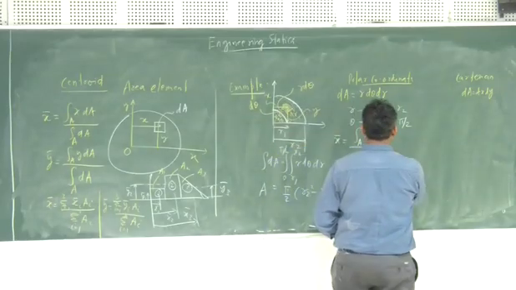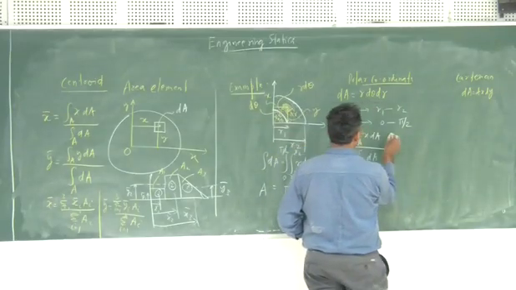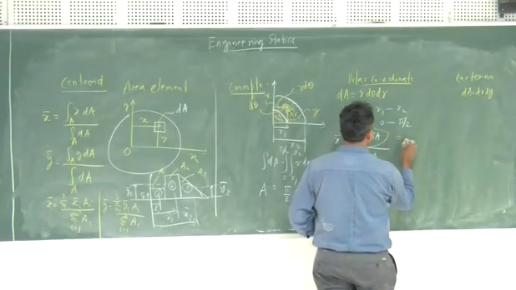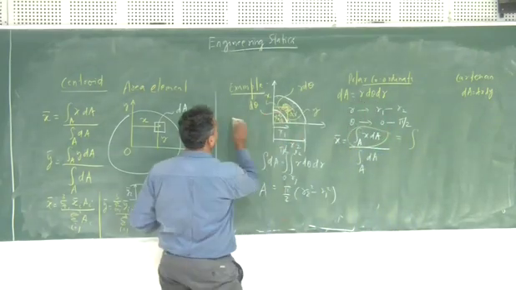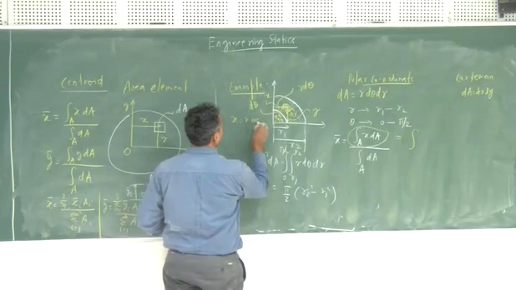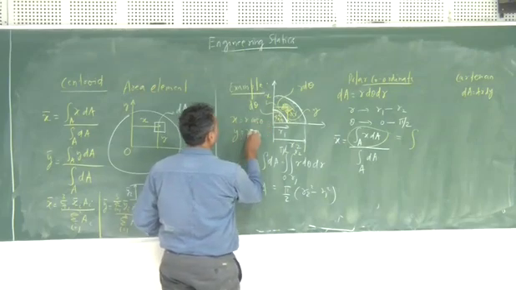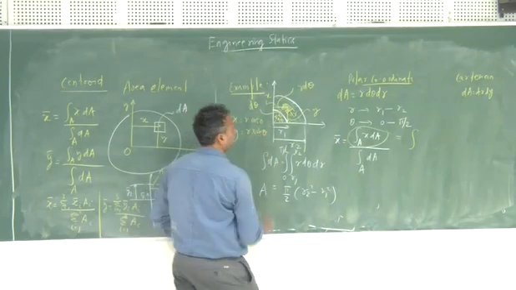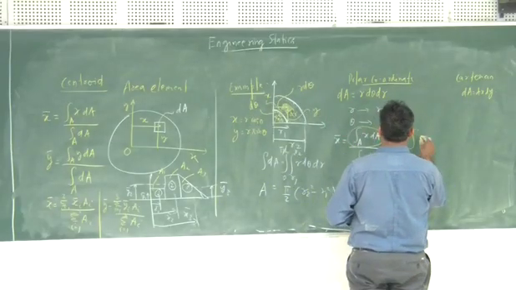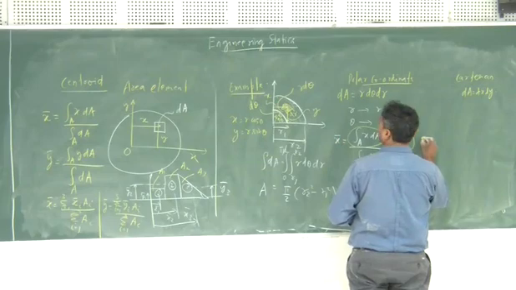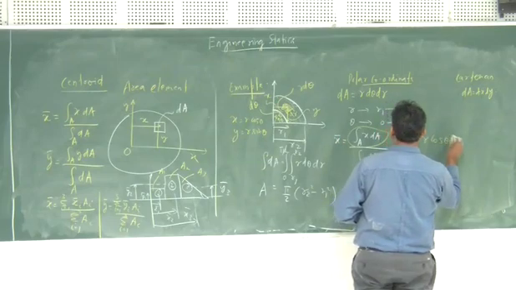Now then you find out this particular quantity. This will be given by r cos theta, the x component.